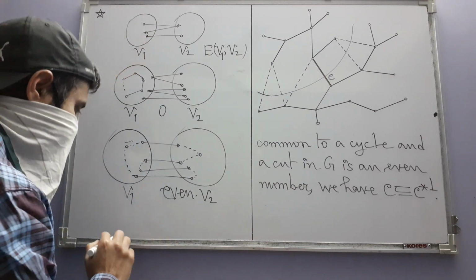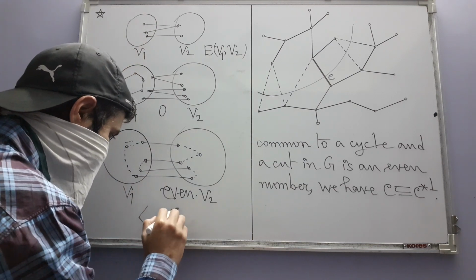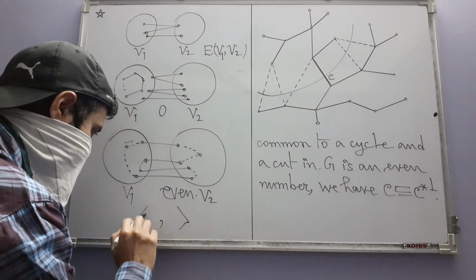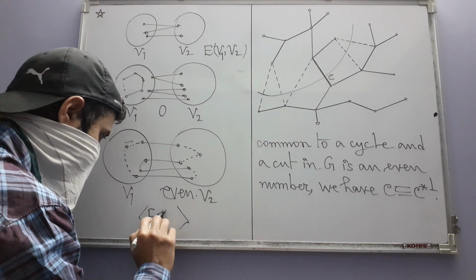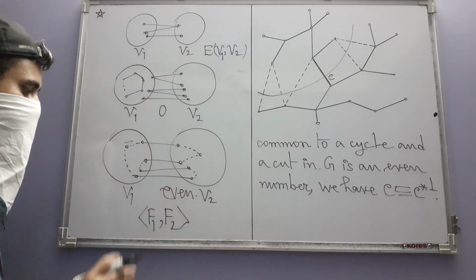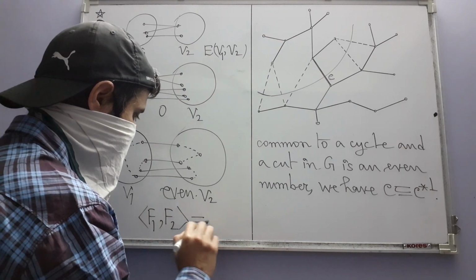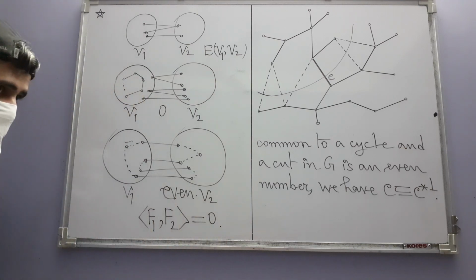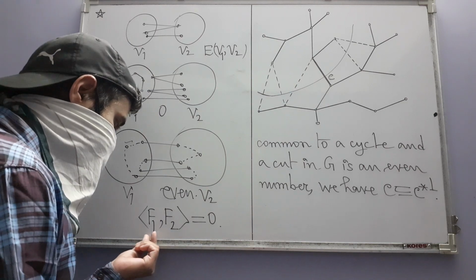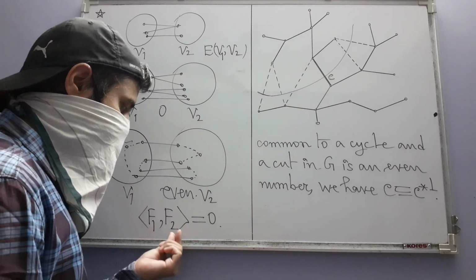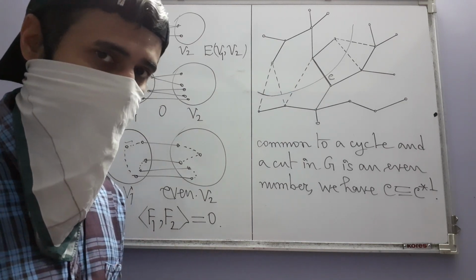But when we defined this inner product kind of structure, there at that time we also understood that this is 0 if and only if the number of edges common to F1 and F2 is even.